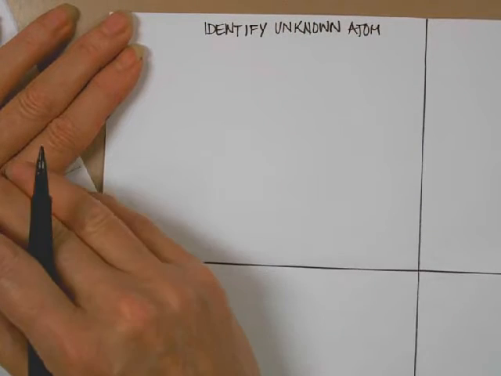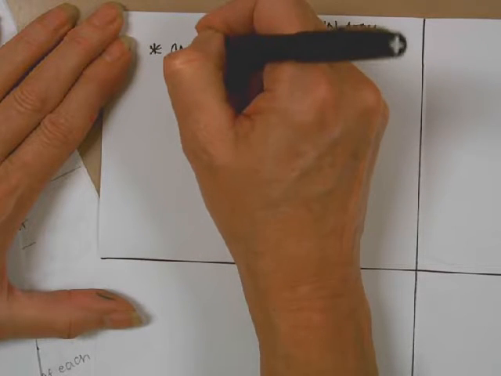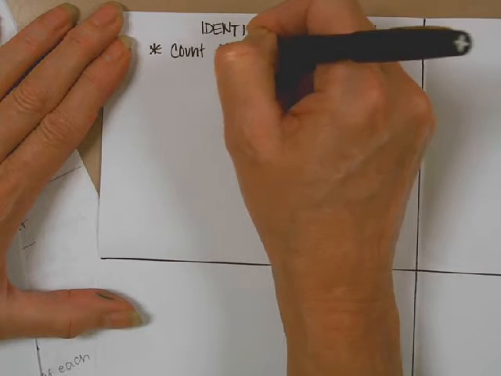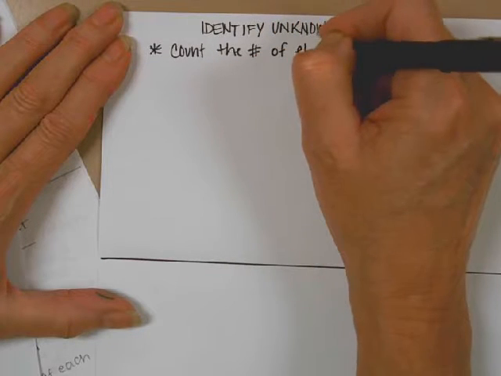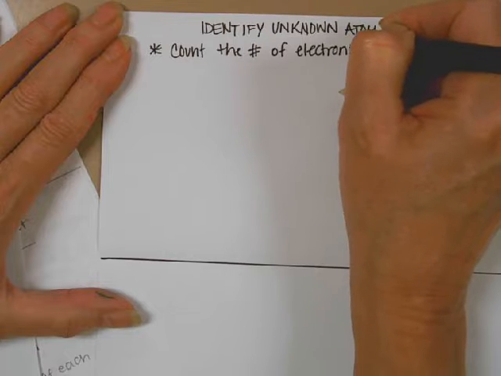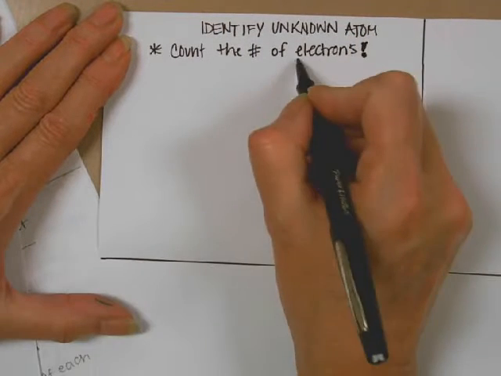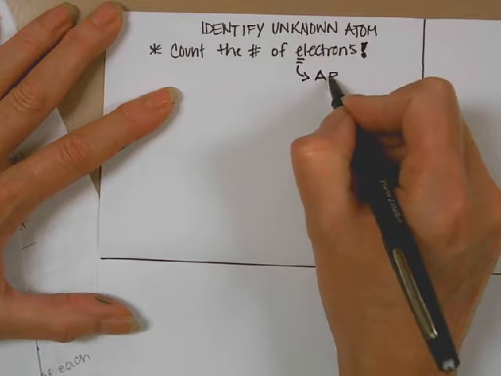If you have to identify an unknown atom, you're going to count the number of electrons because they are easily visible. And remember, the number of electrons is equal to the atomic number.